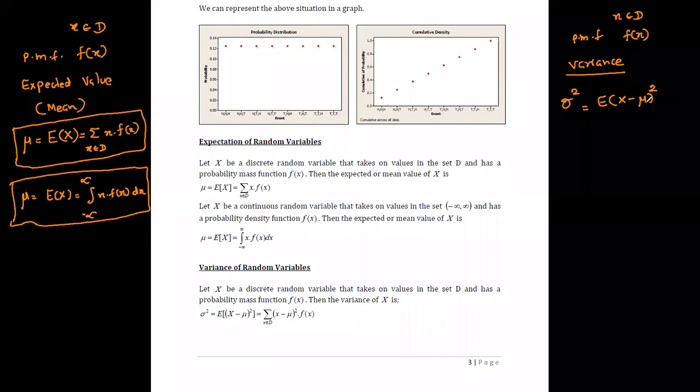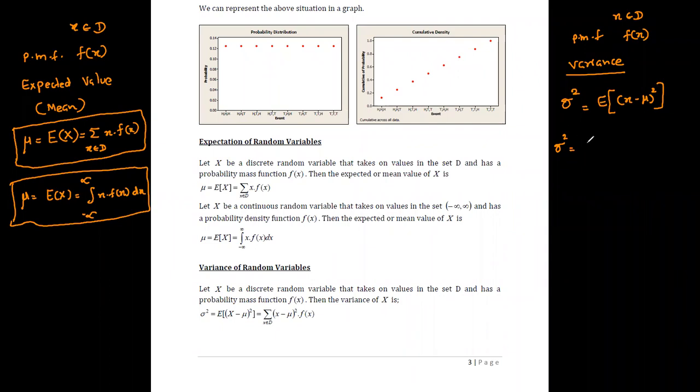Here we have to take (x minus mu) to the power 2 and its expectation. That is, if I write it in this way, it would be clear: expectation of (x minus mu) to the power 2. If you solve this using the same concept, where for E(x) we have written the summation of x times f(x), here instead of x we have (x minus mu) squared.